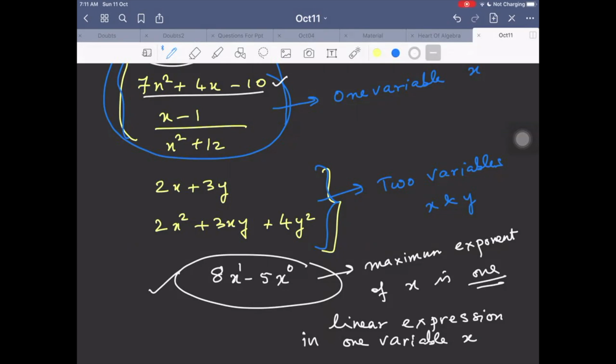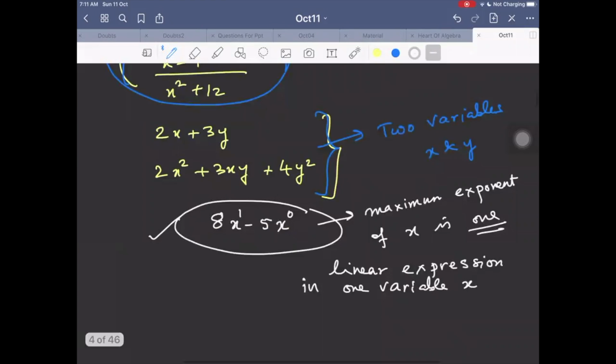Because when you look at the power of x, the maximum power you can see in the expression will be x to the power of 1. Is this all right? Yeah. You can have other examples, for example, 3x plus 5. The thing you need to realize is that this 5 is nothing but 5 times x to the power of 0.